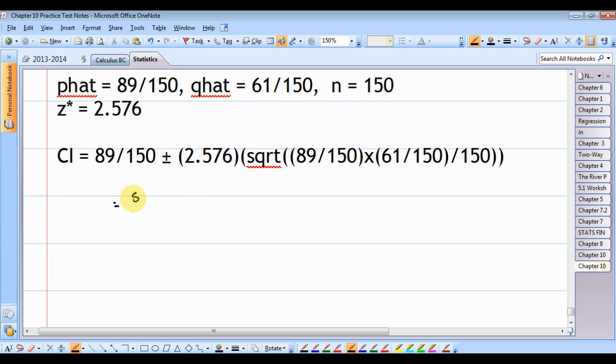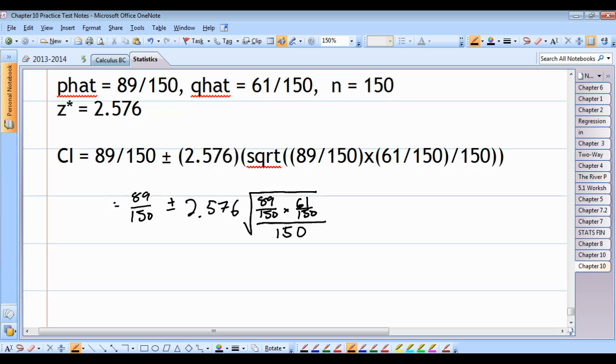Equals 89 out of 150, plus or minus 2.576 square root of 89 out of 150 times 61 out of 150, whole thing out of 150.